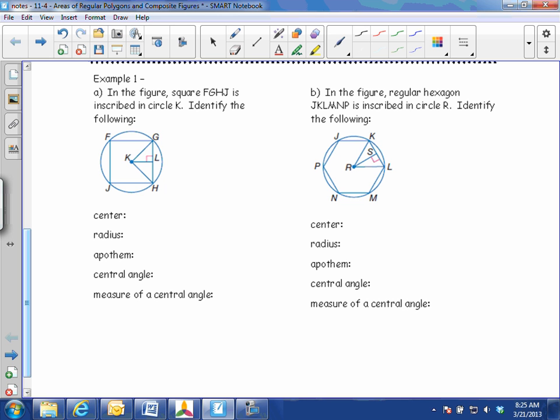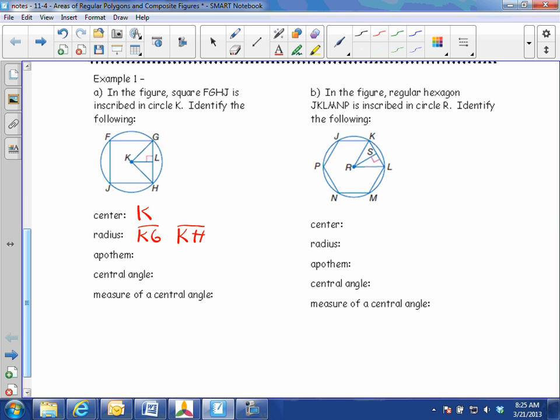Step 1 says in the figure, this square is inscribed in the circle K. Identify each of the following. What's the center? K. It's pretty easy. How about the radius? KB. What else? KD. Those are the only ones that are drawn in there. We could name more if we wanted to, but that's what's drawn.